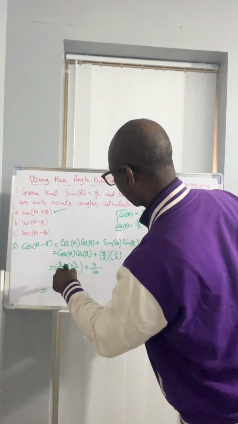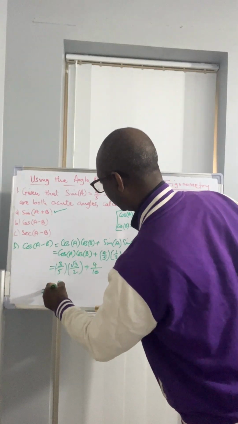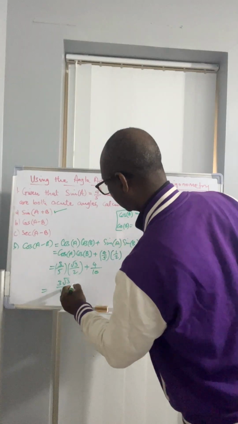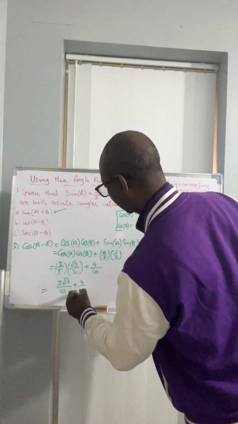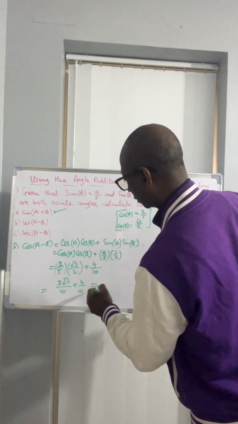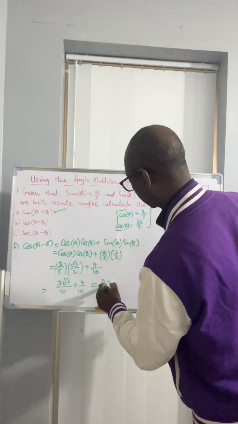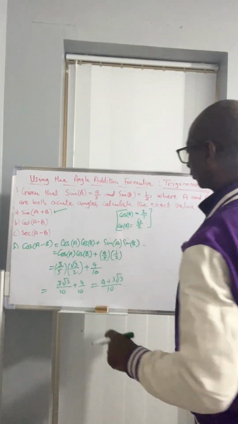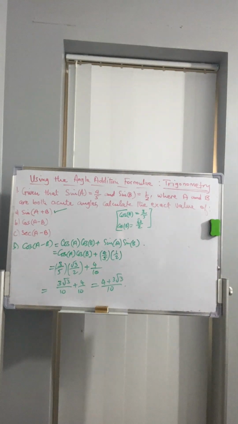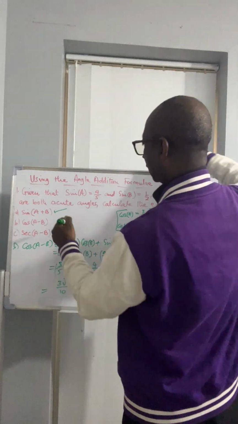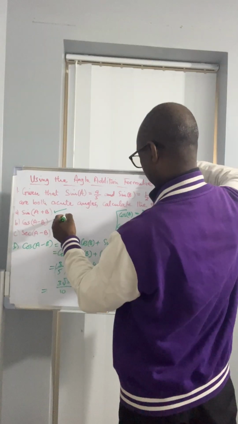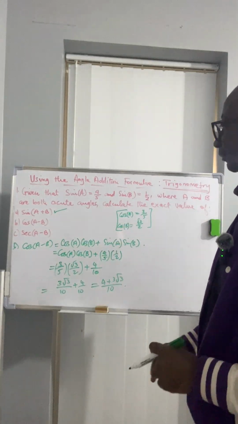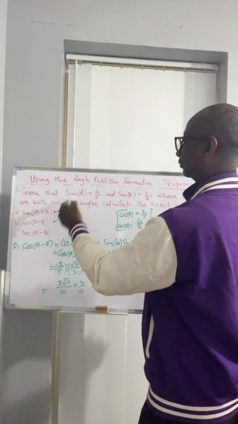This gives you 3√3 all over 10 plus 4 all over 10. So you can see 4 plus 3√3 all over 10. So this is your final answer. The first one was 3 plus 3√3 over 10. This is the answer anyway. For this second one, it's done.